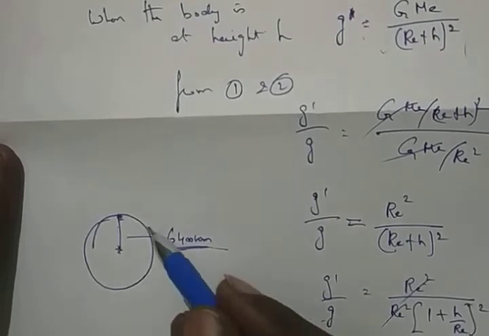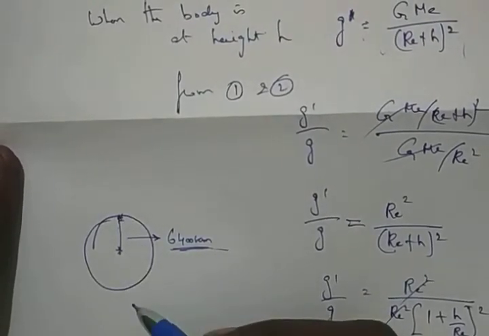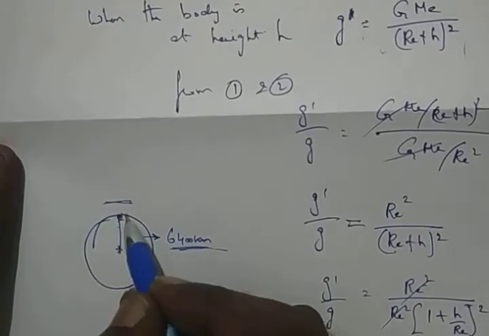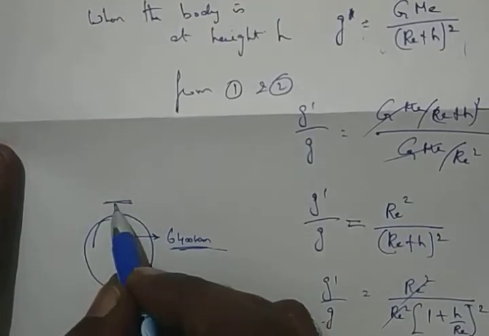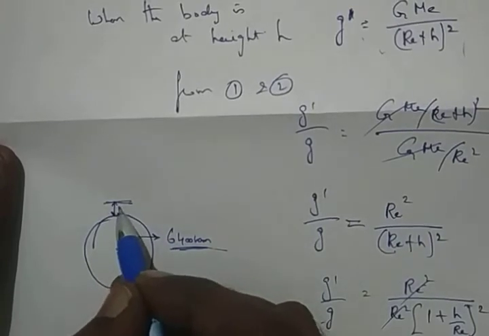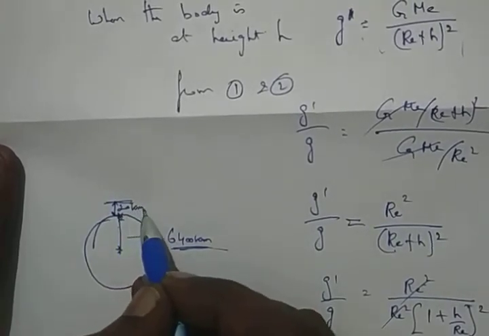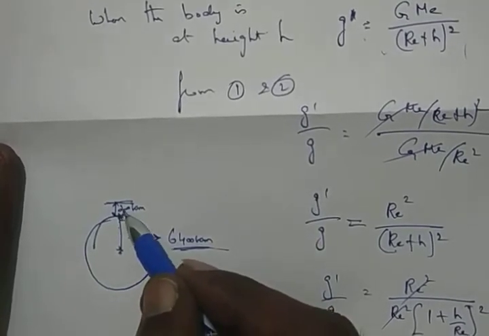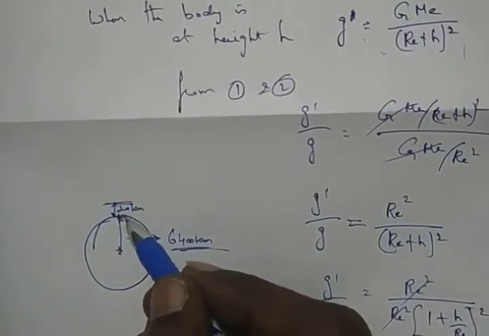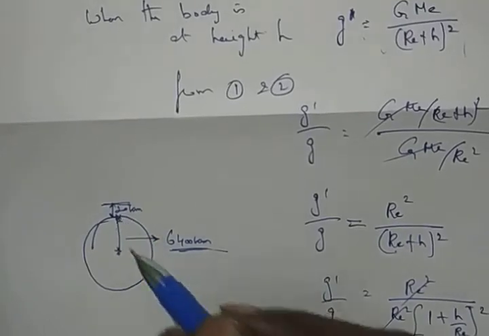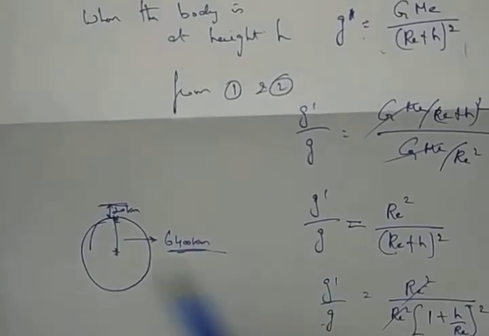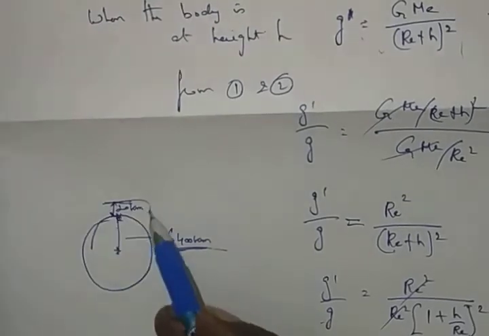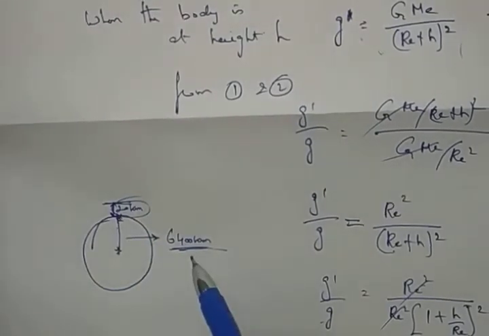Now whatever the height you put up here, maybe you say I went for 20 kilometers. Even the jet aeroplane flies around 16, 18 kilometers above the surface of Earth. Now this 20 is nothing when compared to 6400 kilometers.